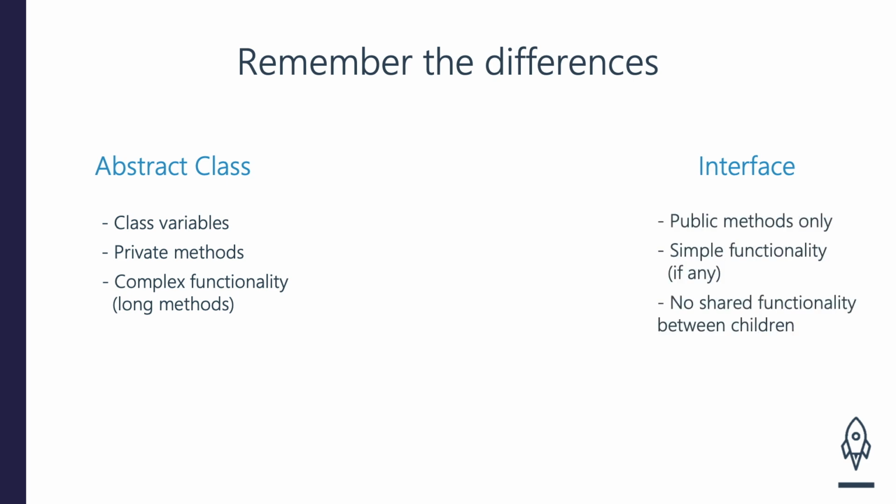An interface is a little bit different. It can only have public methods to supply to its children. Inside of it, we also see only simplistic functionality, if any, by using the keyword default. And then finally, we're only going to include methods in here if we know they will not have any shared functionality between the children. So we have to keep all this in mind as we're doing our sorting. So let's get to that.